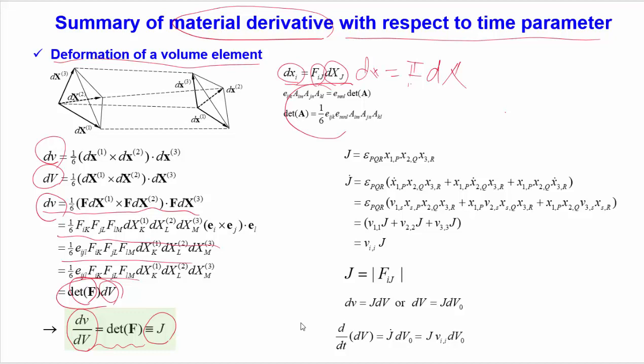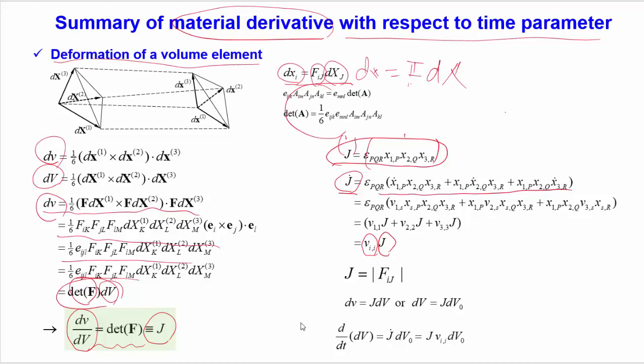Now, let's study the material derivative of the Jacobian with respect to time. Without loss of generality, we can express the Jacobian as this relationship. Differentiating both sides of this equation with the chain rule applied, we can express the material derivative of the Jacobian as the trace of the velocity gradient multiplied by the Jacobian itself.